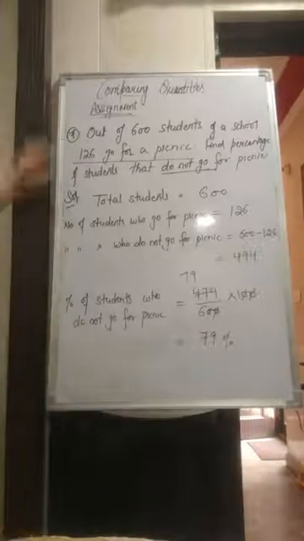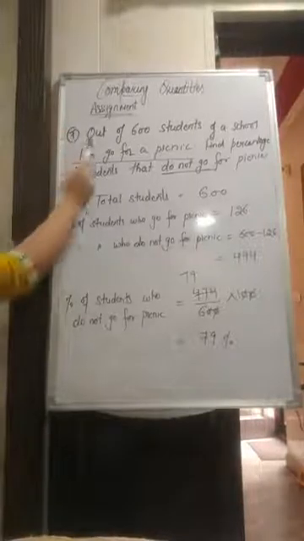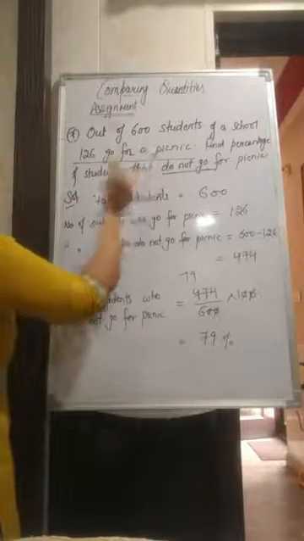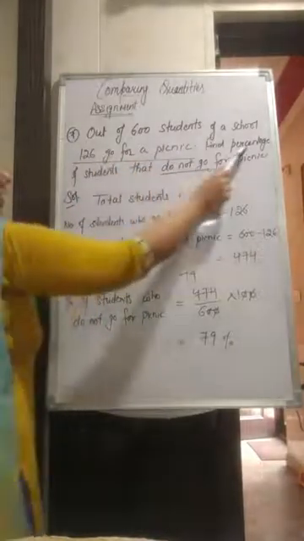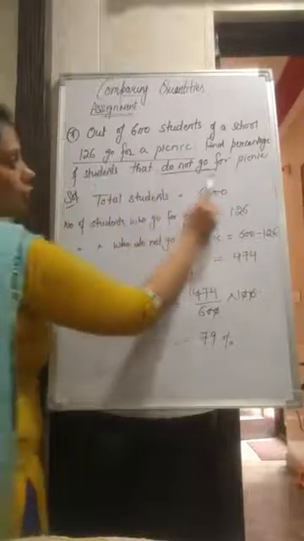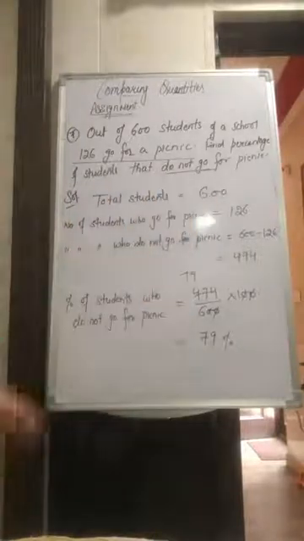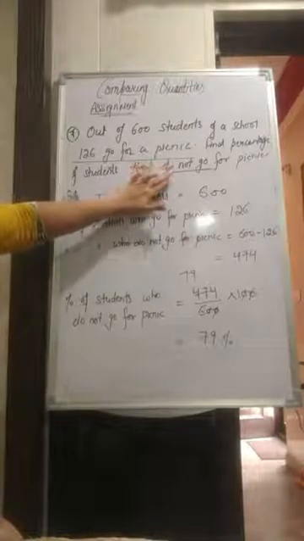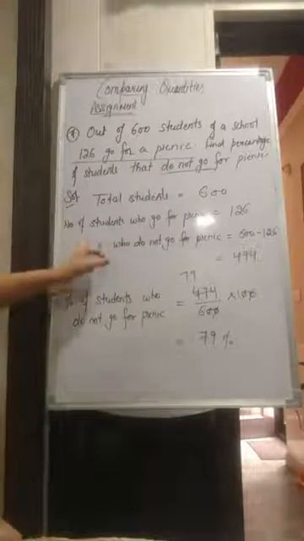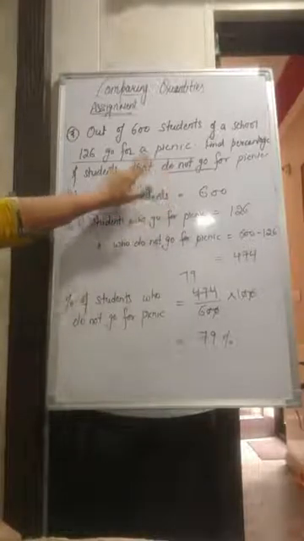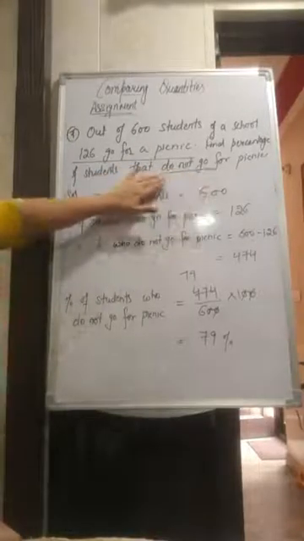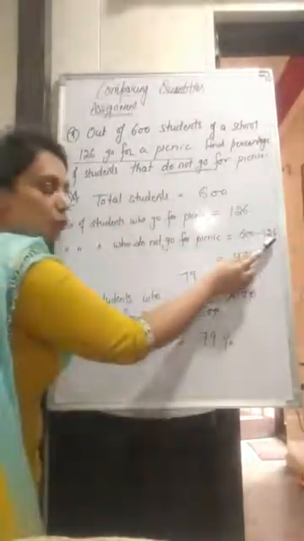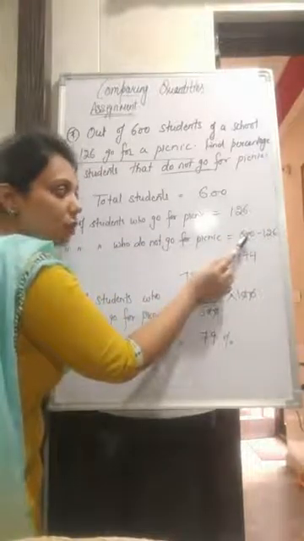79%. Let us revise this question again. Out of 600 students of a school, 126 go for a picnic. We have to find the percentage of students who do not go for picnic, right? So for that, first of all, we have to find how many students there are who do not go for picnic. So we will be subtracting the students who go for picnic from the total students.